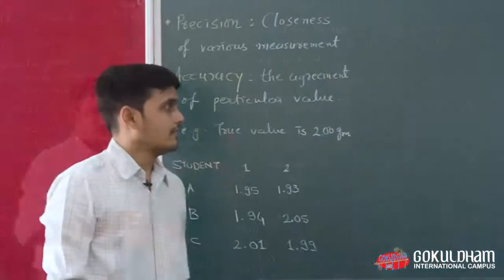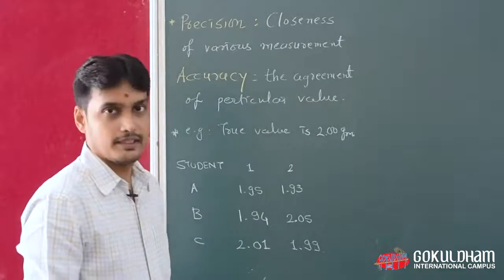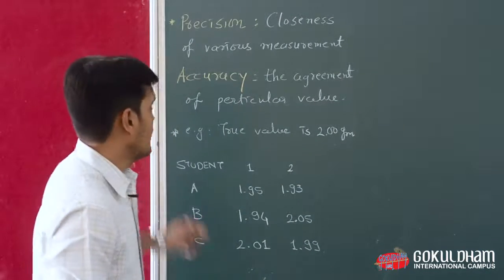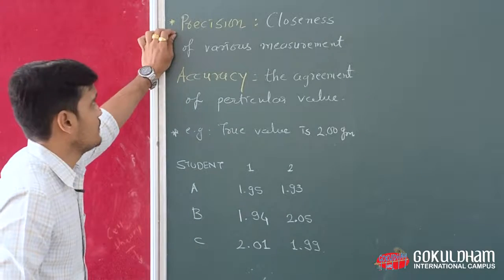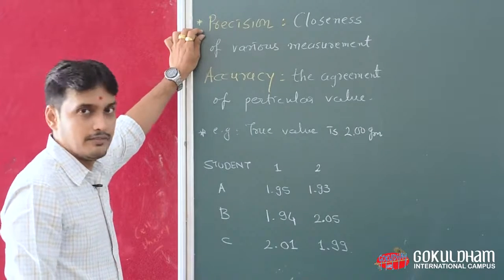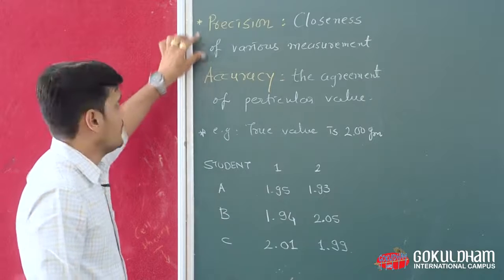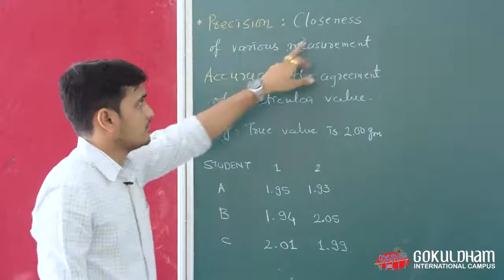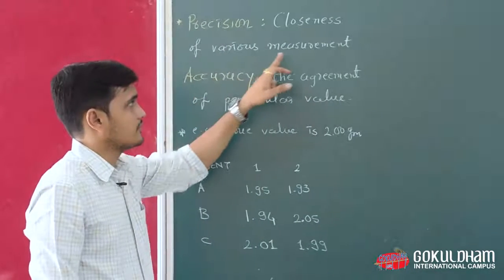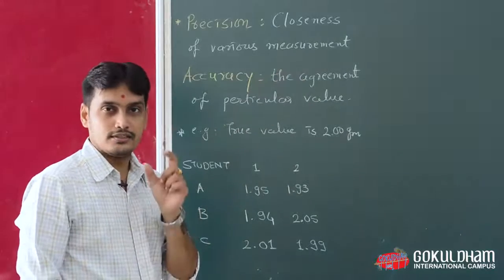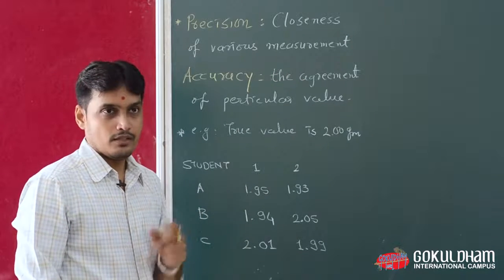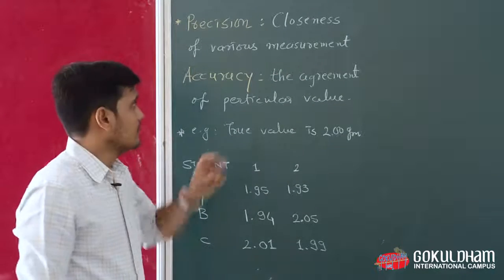Okay, and after the rules of significant figures, our last theory of today is the difference between precision and accuracy. Precision means the closeness of various measurements of the same experiment, of the same object.